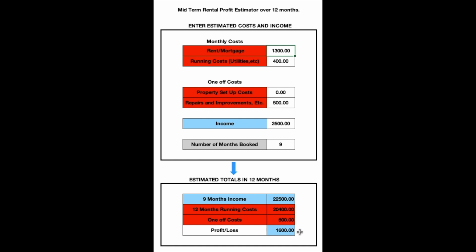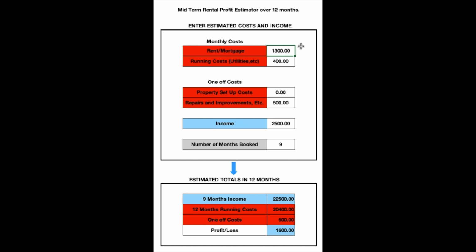kind of tight. But what I'm trying to show you is that don't expect to be making tens of thousands. Obviously it depends where your property is, it depends what rent you can demand. There's all sorts of factors that come into this.